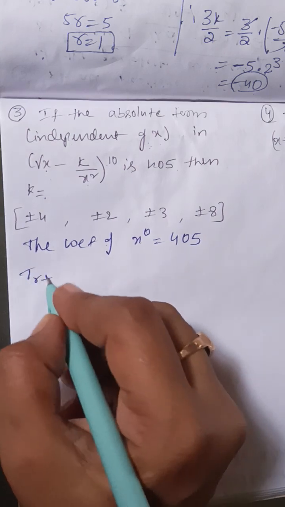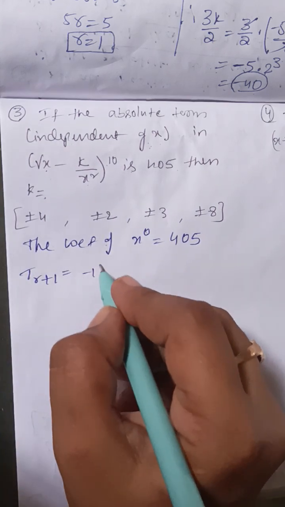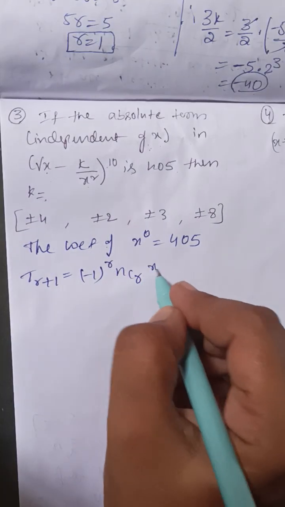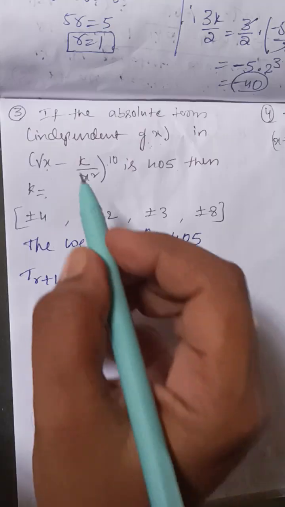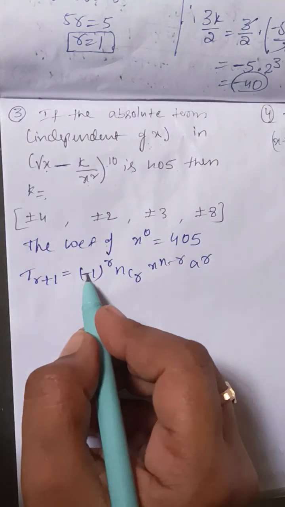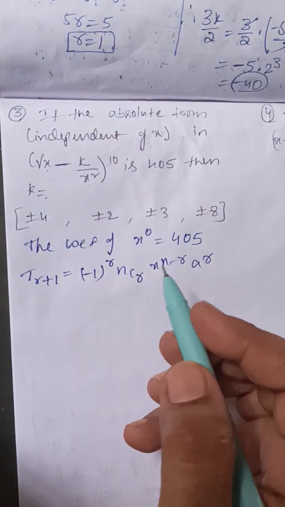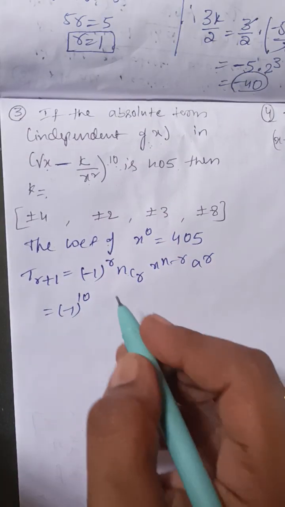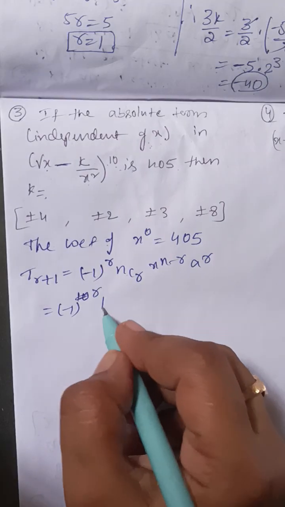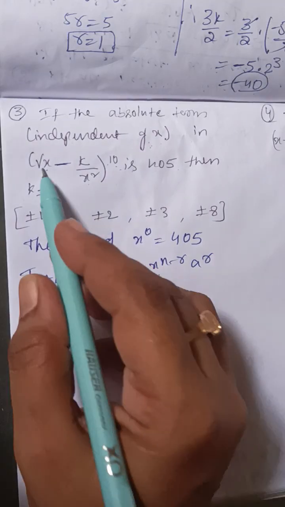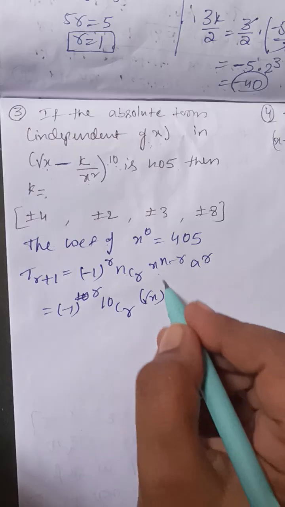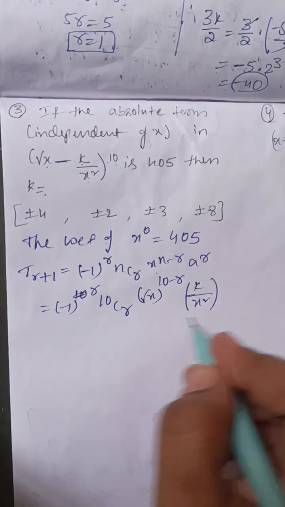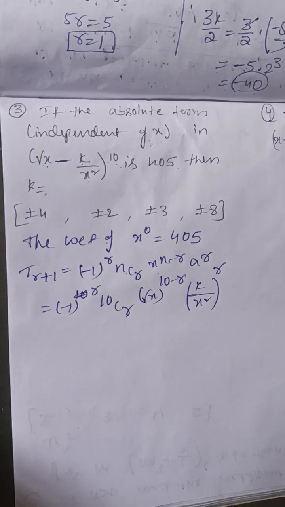Okay, for this we are using the general term to find r. Minus 1 whole power r, ncr, x power n minus r, a power r. Here minus is there, that's why we are taking minus 1 whole power r. And n is 10. So minus 1 whole power r, 10cr, x is the first term, root x whole power 10 minus r, and the second one is k by x square whole power r.